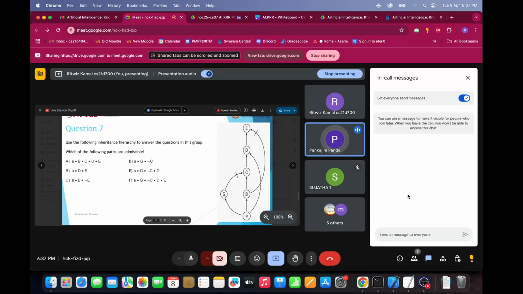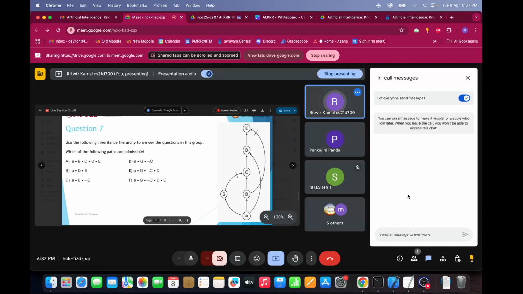That means, sir, if the negative path is present, then that will not be permissible. In case of option C, A to B, B to not E, see, if the negative path is present, then that will not be permissible, sir. No, see, that is the difference.